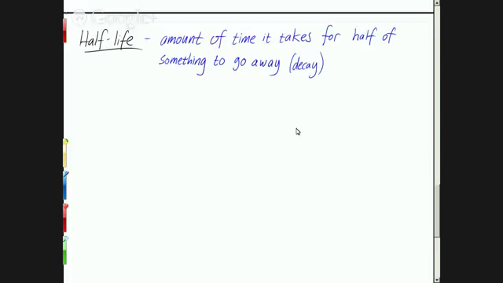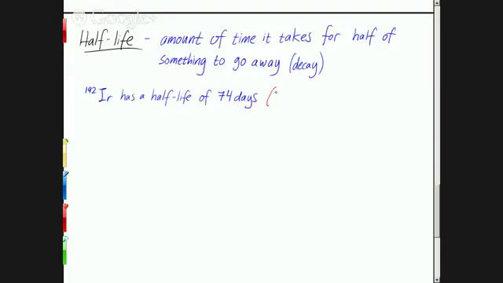Let's say we have a radioactive isotope of iridium, iridium 192. Iridium 192 has a half-life of 74 days.